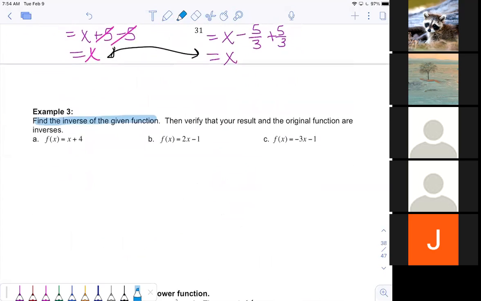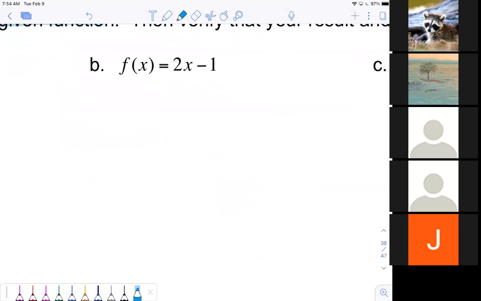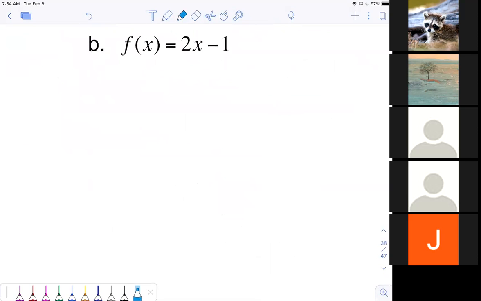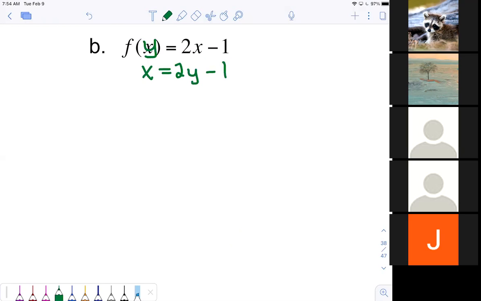See if you can first find the inverse function. Again, we're going to look at B here, 2x minus 1. So switch x and y, and then get x by itself.